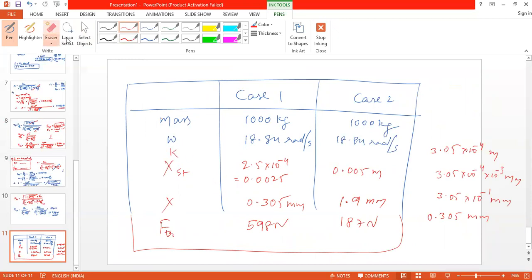In the first case K was 1.96 into 10 power 6 Newton per meter, and in the second case it was 9.8 into 10 power 4 Newton per meter. So only because of changing the stiffness, the amount of force which is being transferred to the ground has been changed.